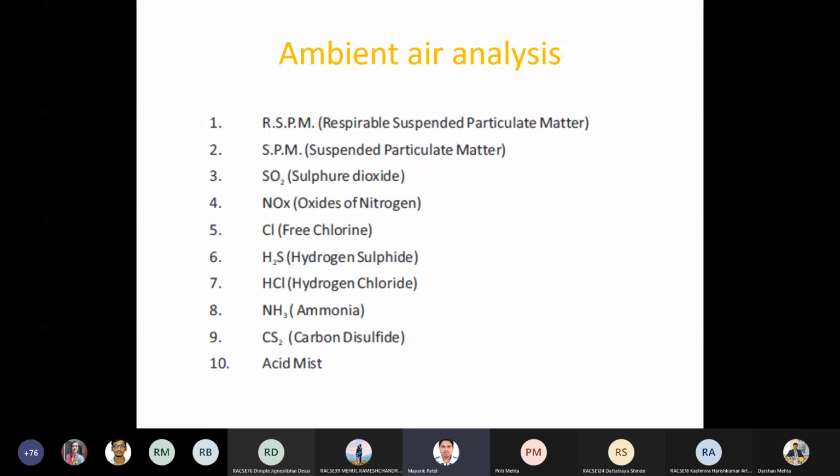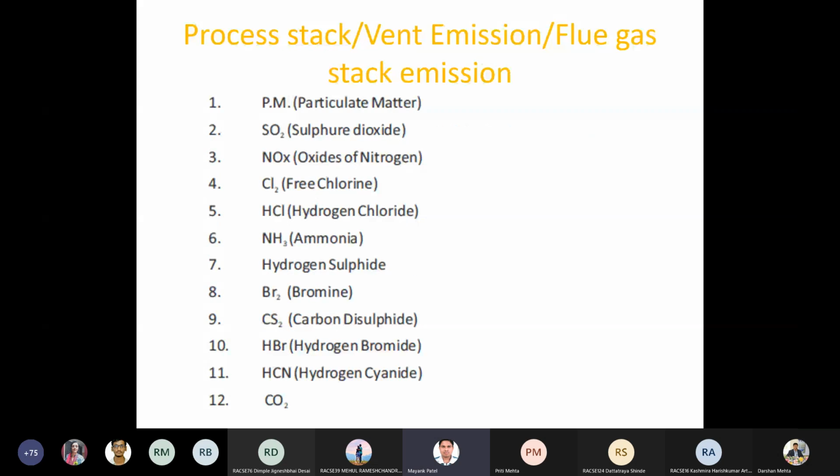As well, in the stack you will measure various pollutants that are emitted from the stacks of industries, the process stack and boiler stack, and that is conducted with the help of a stack monitoring kit. The first slide of this presentation was about the instruments required for conducting stack monitoring. Then in the process stack or vent or flue gas stack, you will measure PM, SO2, NOx, chlorine, HCl, ammonia, and the other gases. So these are all the parameters that you need to measure.